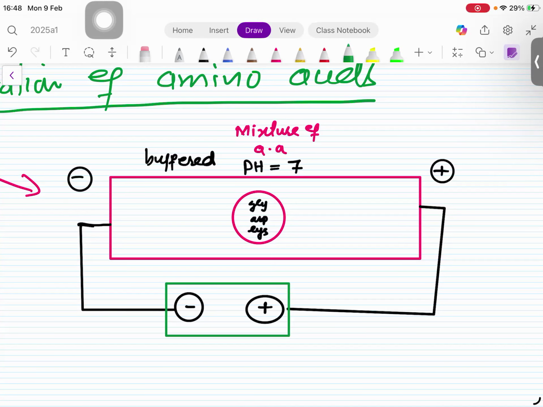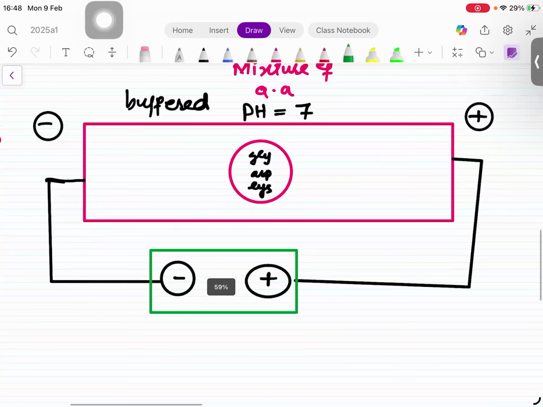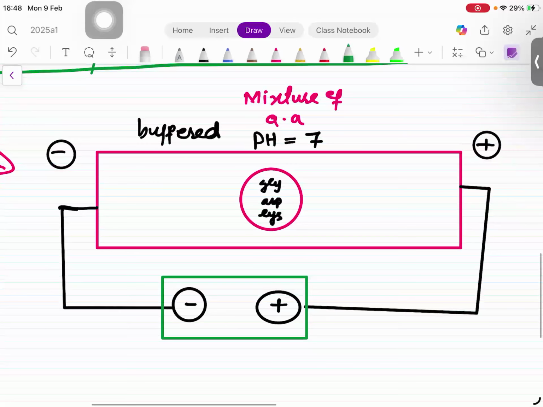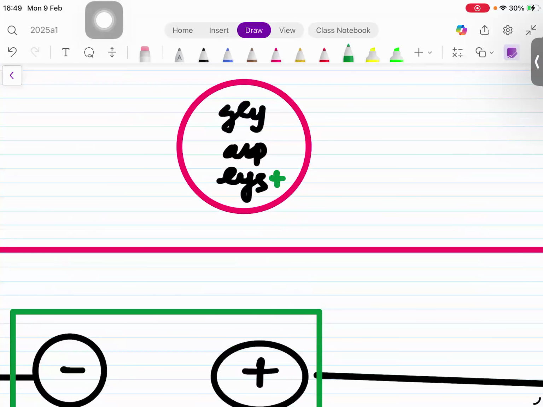So I took a battery and connected the positive and negative terminals to both sides of this plate. Actually, I wanted to apply a potential difference. Let's say, I assume at this moment, I'll explain later how I decided this, that the lysine in this mixture has a positive charge, ASP has a negative charge, and glycine is 0.